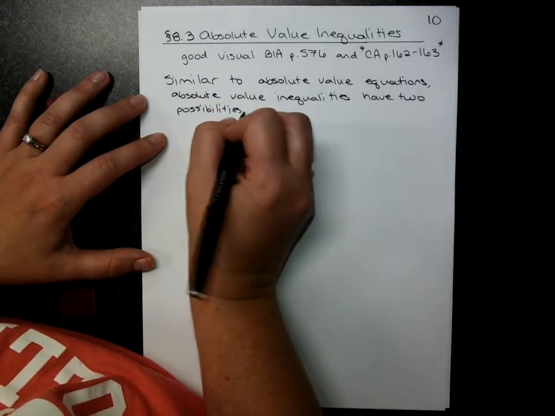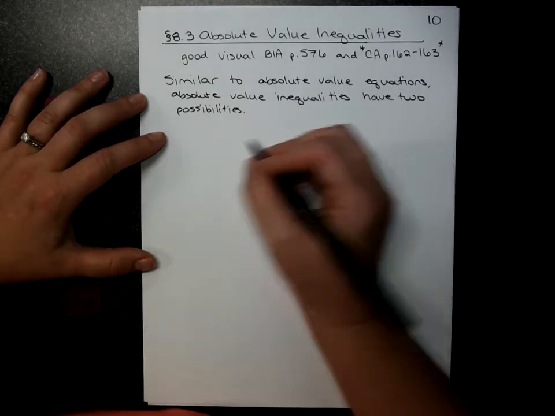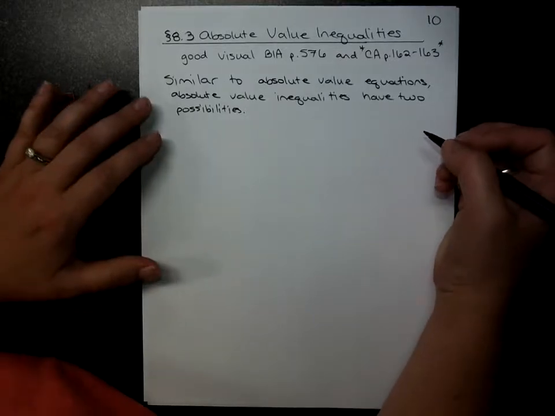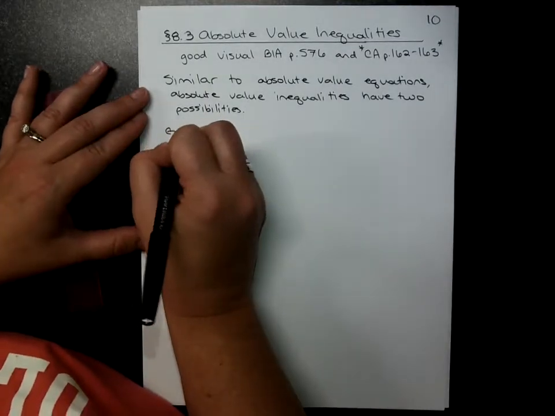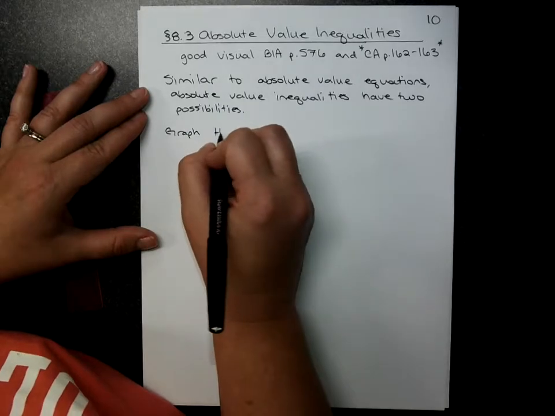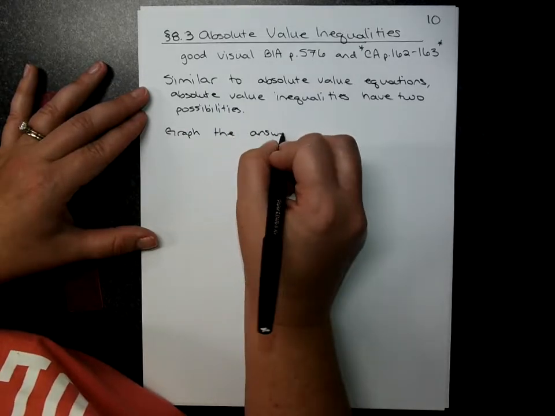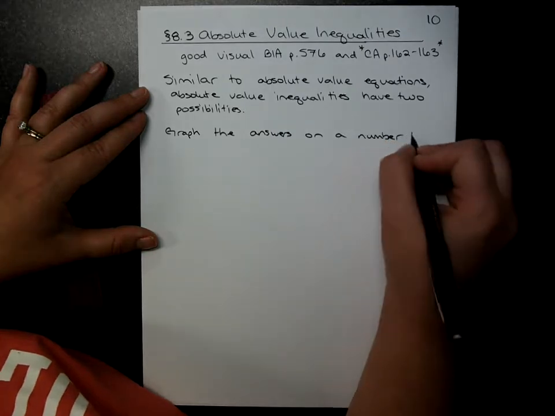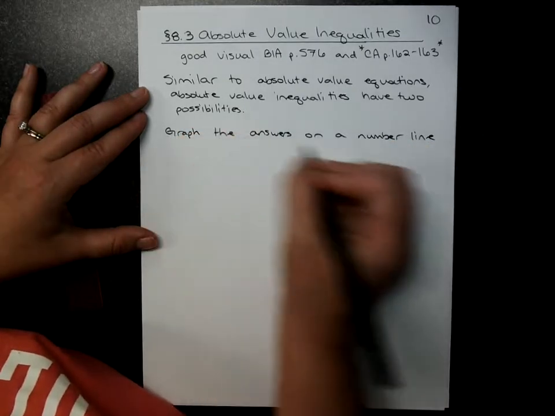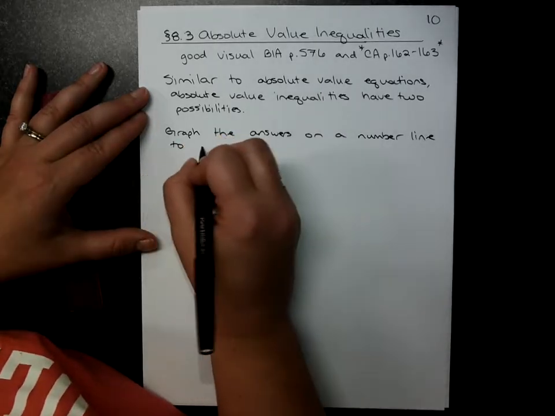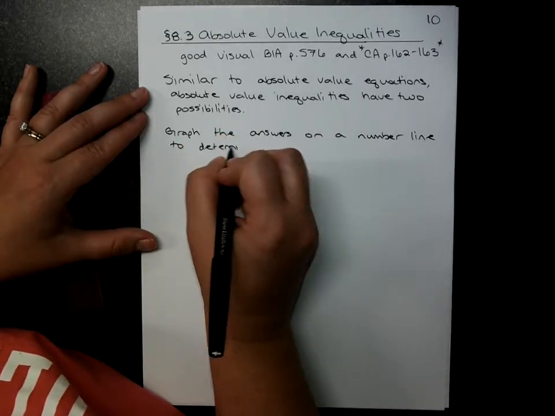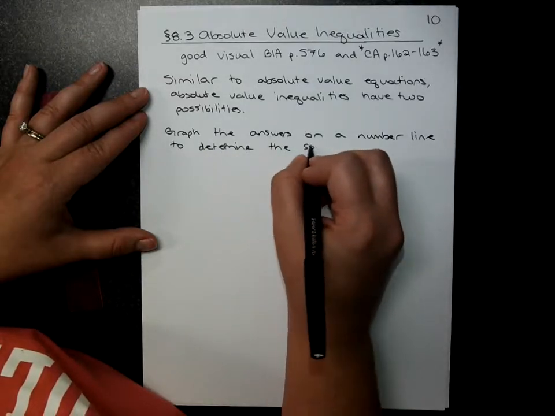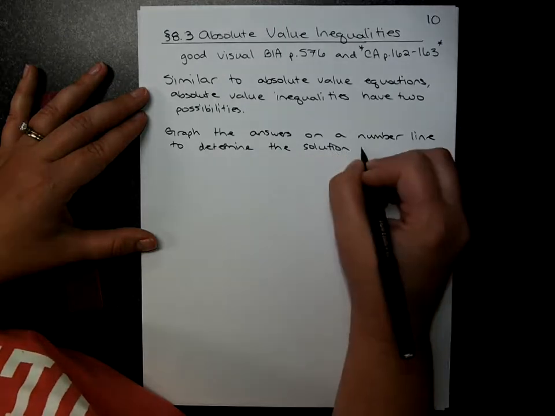If you remember with absolute value equations, we split it into the positive option and the negative option. We're going to do the same thing for absolute value inequalities. This time we're going to graph the answers on a number line like we practiced for inequalities, to determine the solution interval.